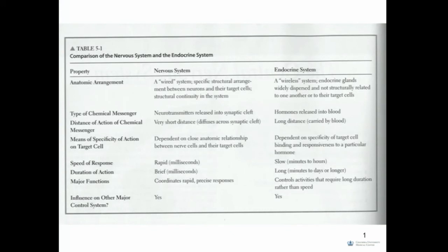We actually talk about those systems first because those two systems in the body are our major control systems. They are responsible for regulating, controlling, coordinating the function of all of the other body systems. So we talk about them first as a way to understand how overall function of the body is controlled.